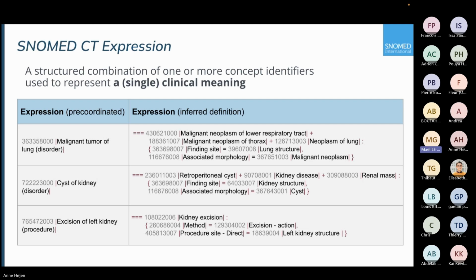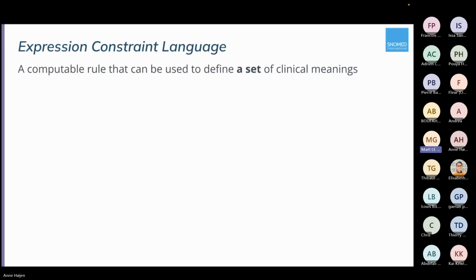So every time you hear the term SNOMED CT expression, that represents a single clinical idea. Okay, it's just one clinical idea. So that's the basis for understanding then expression constraints, because each concept can be represented using an expression. A constraint is a language that we use to specify a computable rule to define a set of clinical meanings, potentially a set.